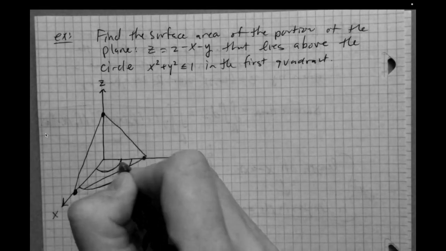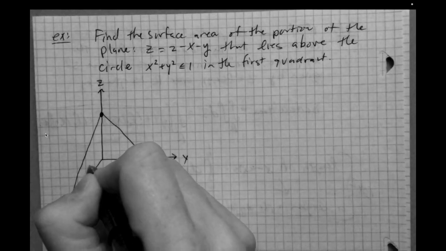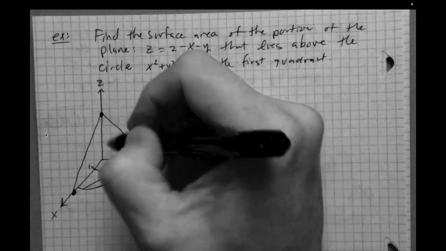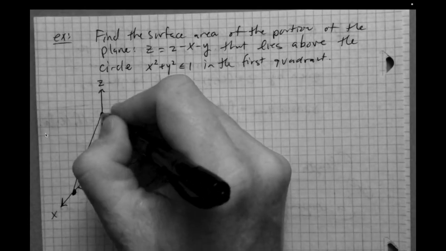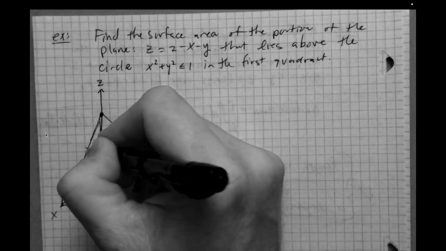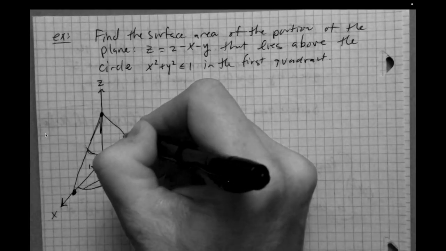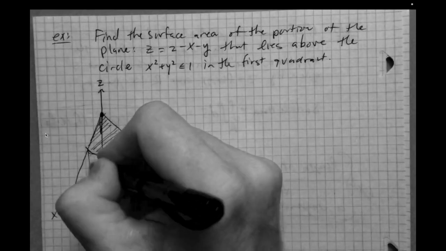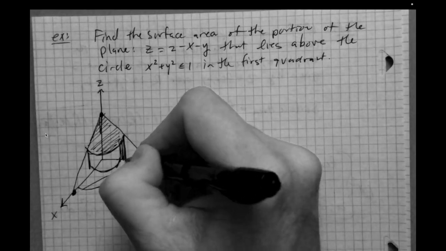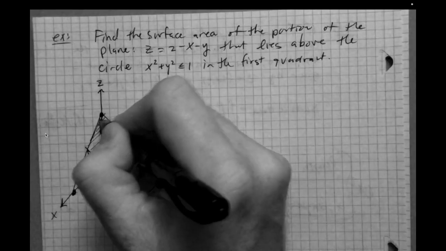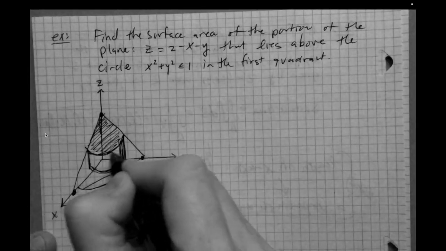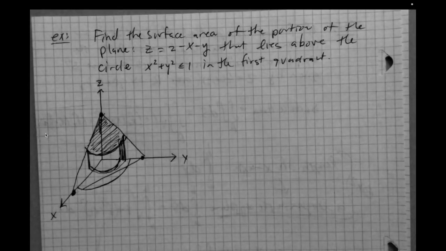Forget that outer one. We'll say this is it. So this is x equals 1, this is y equals 1. Somewhere on this surface, we're going to have a top to this thing, and that's the part that we're interested in. So we're interested in just this top. It's kind of like a triangle, but it's got a curved outer edge.